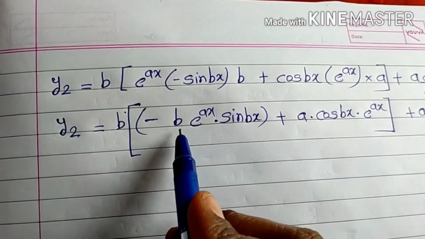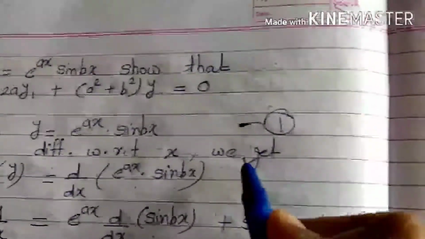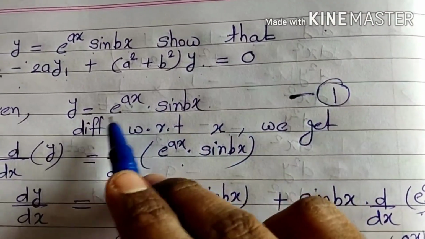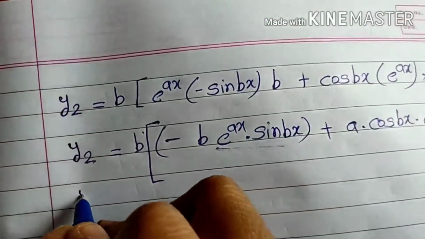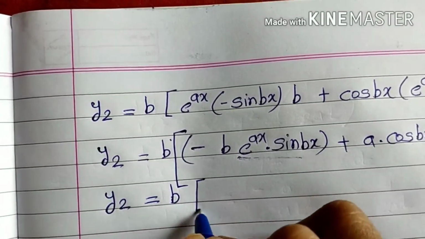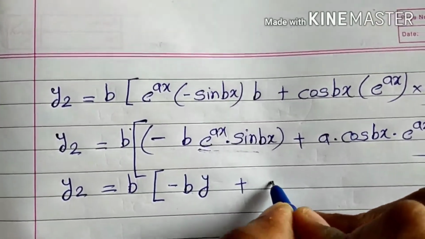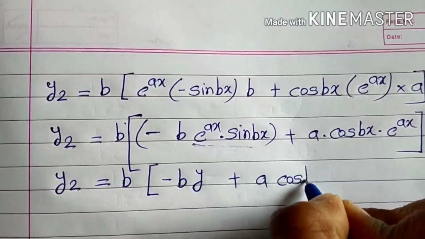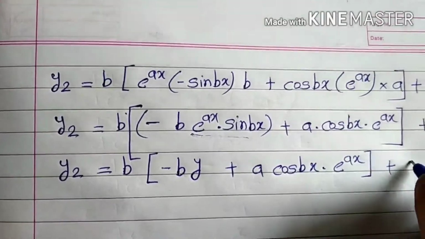Now you can check the value of e raised to ax sin bx is y, and we already gave it equation first, so you can write here y2 is equal to b into minus by plus a cos bx into e raised to ax plus ay1.